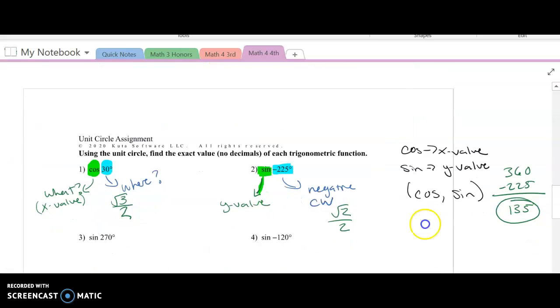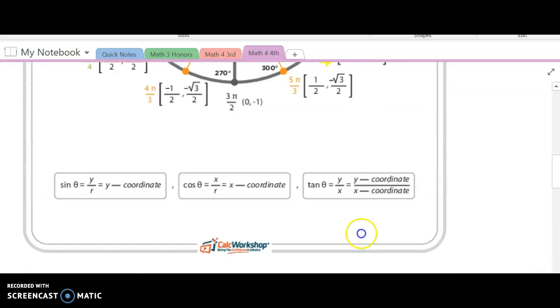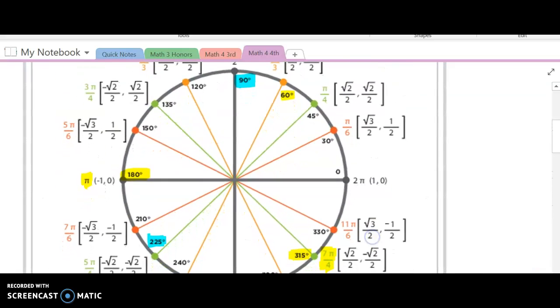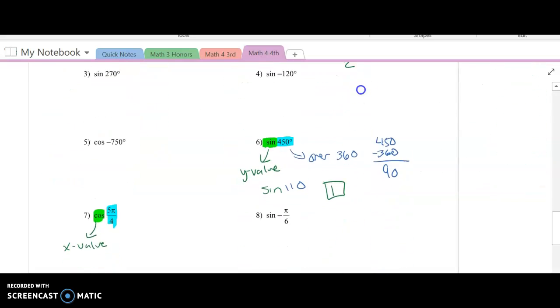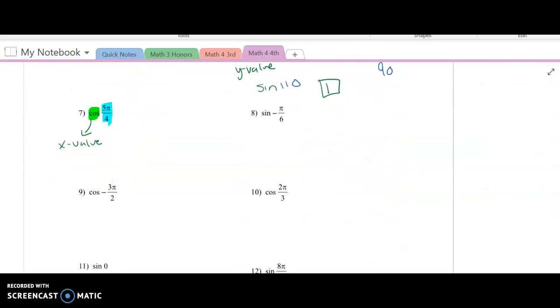Isn't that what we're looking for? Oh, no, we're looking for 5 pi over 4. Pi, 7 pi over 6, 5 pi over 4. This is what we were looking for. That is my where. So now my what is going to be dealing with this coordinates. And we're trying to find that cosine, which is my x value. So my answer is negative square root of 2 over 2.